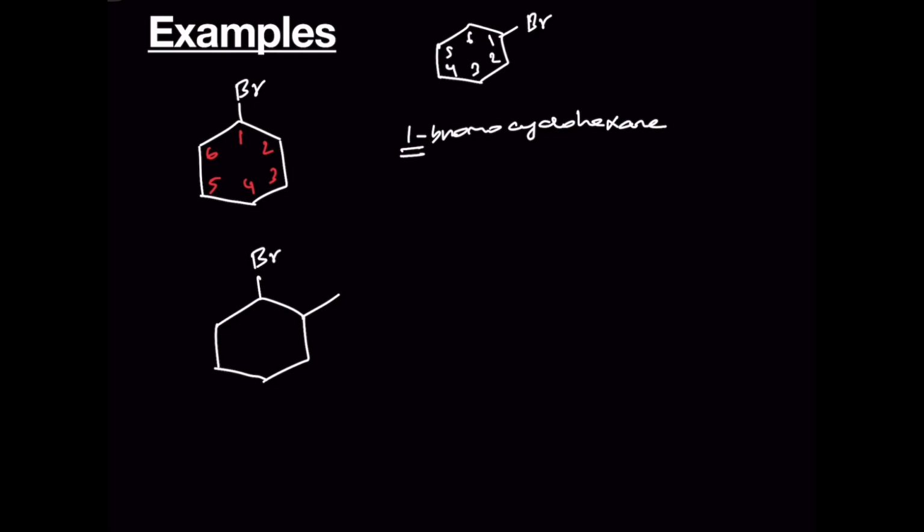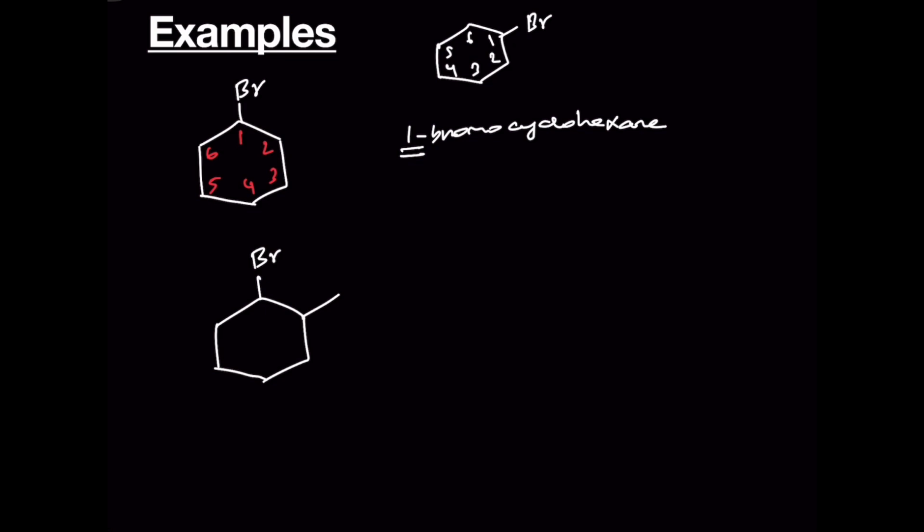So, this chain locator position is not mandatory for monosubstituted cycloalkanes. However, the same is not true for simple alkanes.